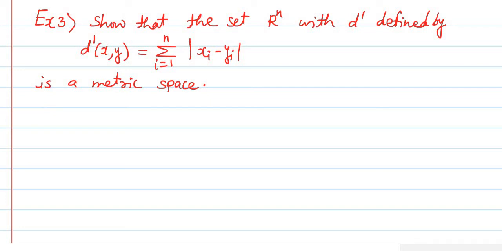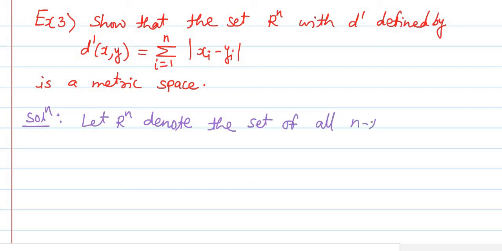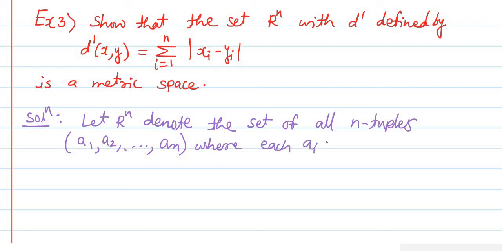So the solution of this is: let R raised to n denote the set of all n tuples of the form a1, a2, continued up to an, where each ai belongs to R, meaning each ai is a real number.